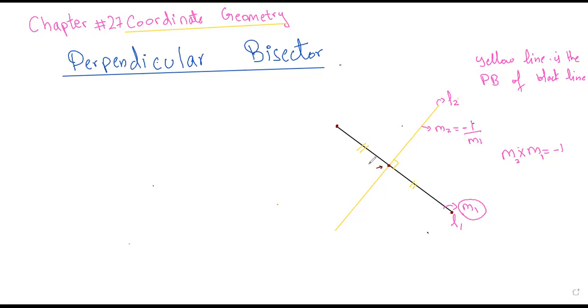It could be any point, but that point is on line 2, right? So you should know that in case of a perpendicular bisector, you can calculate its midpoint and its slope as well. Right, guys? Are you okay with this? Yes, ma'am.